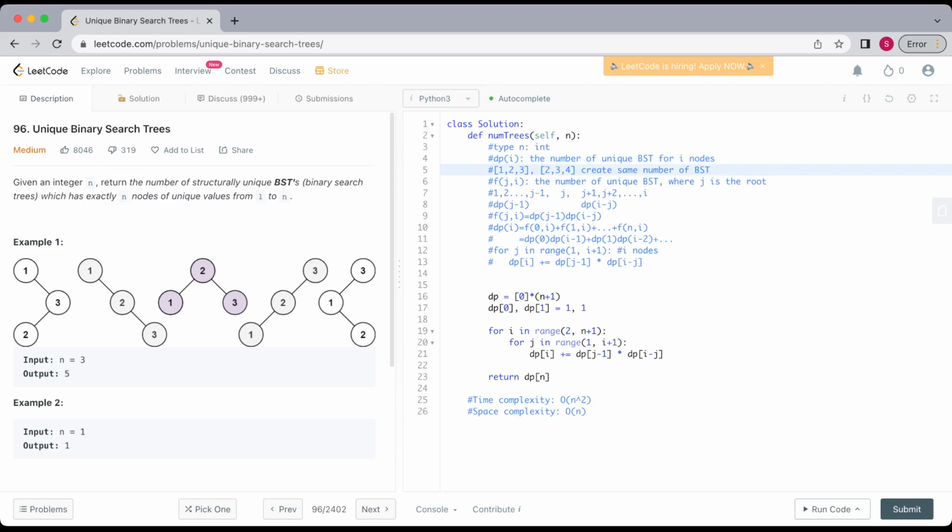f(j, i) calculates the number of unique binary search trees, where j is the root and the total number of nodes is i.